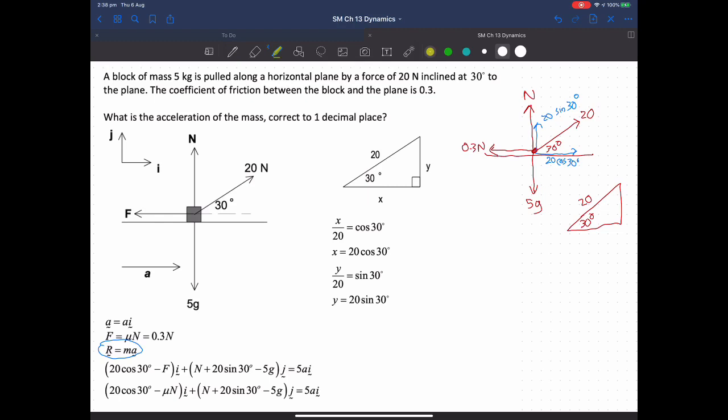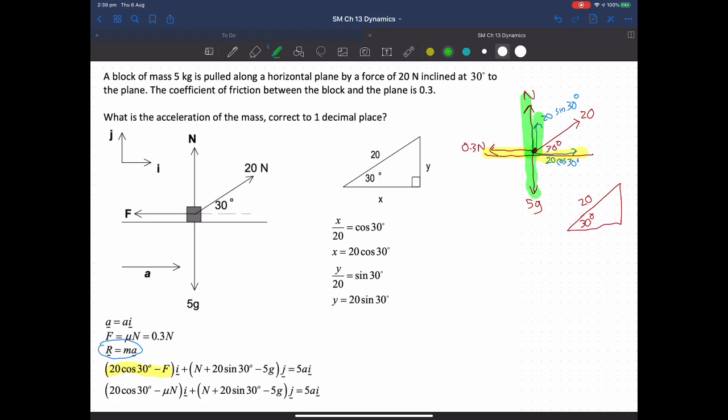So looking at our diagram, in yellow we're going to consider all the horizontal forces. We have, acting in the positive direction, 20 cos 30 degrees, and in the opposite direction to that we have the friction 0.3N. So I have 20 cos 30 minus 0.3N. In the vertical direction, we have N going upwards, we have 20 sine 30 degrees going upwards, and we have the 5g going downwards.